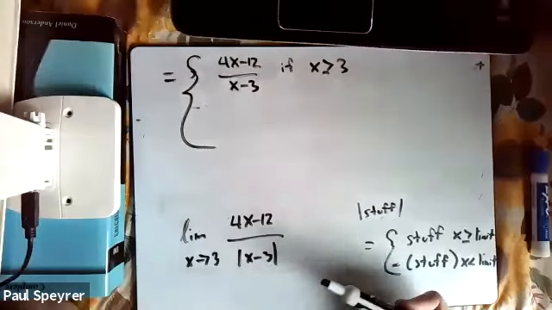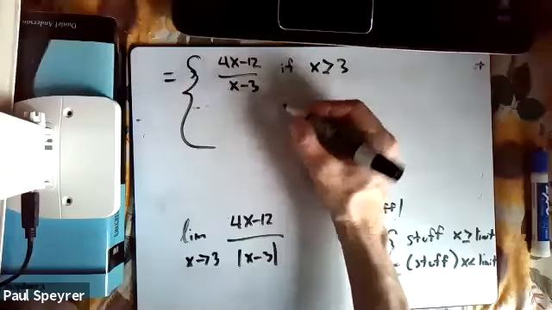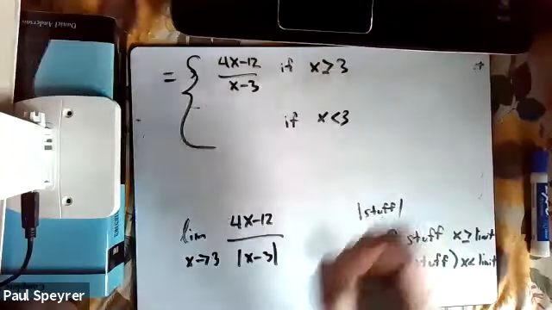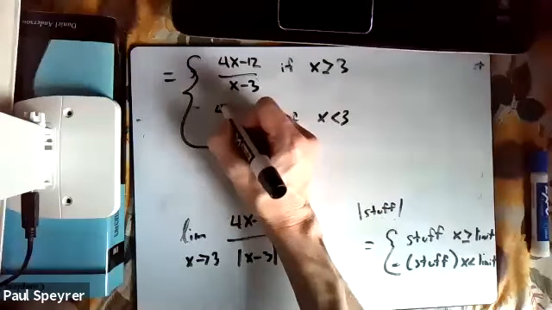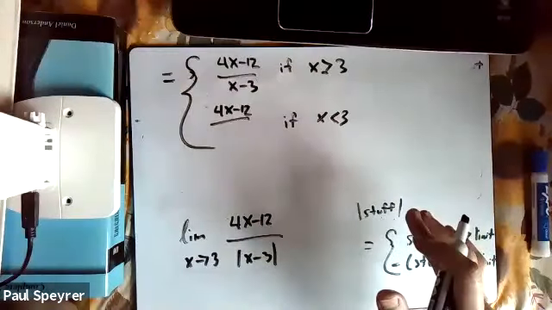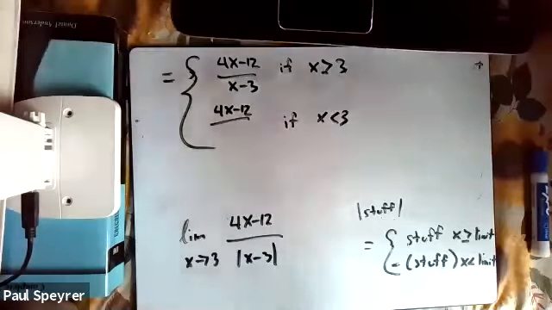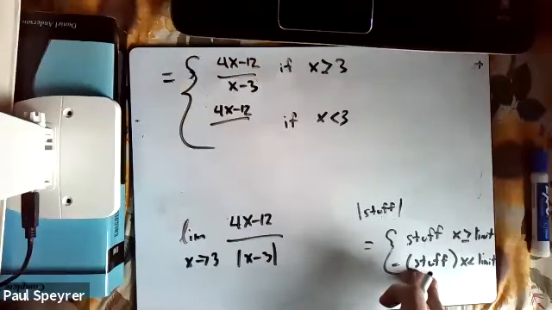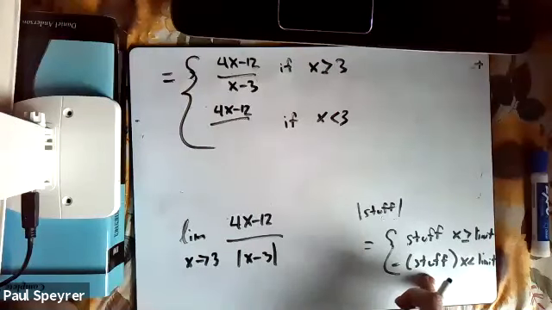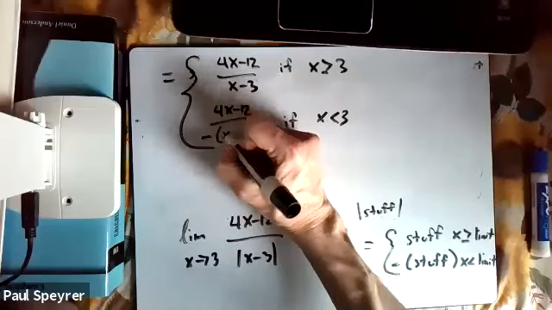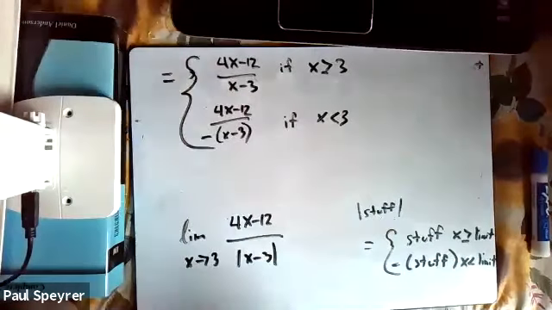Nothing else changes. And then if x is less than 3, the top is still 4x minus 12. Everything outside the absolute value stays the same. Don't change any of it. But we are going to flip the stuff that was inside the absolute value, because it said negative of the stuff. That's going to be negative and then x minus 3.